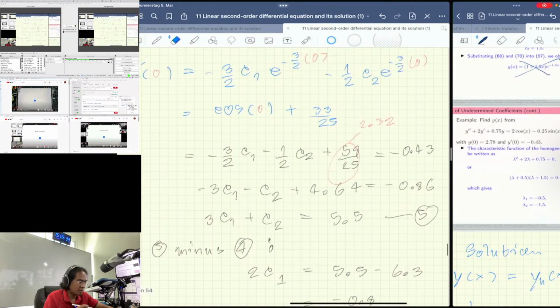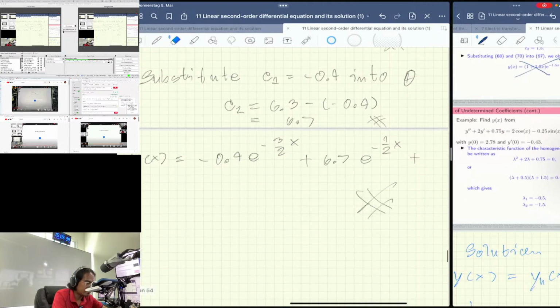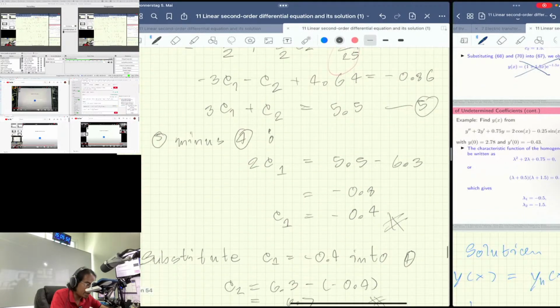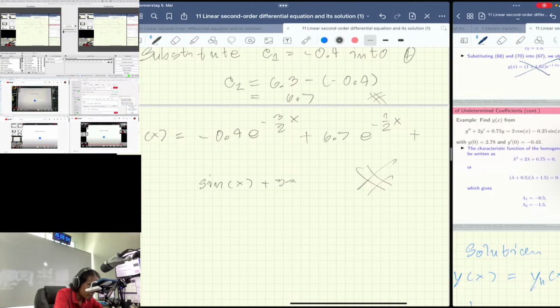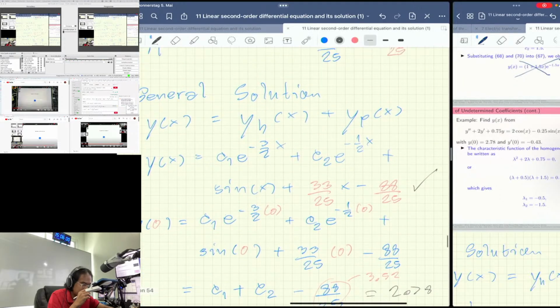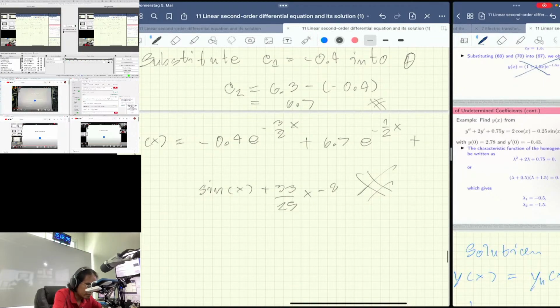The answer should be sine x plus 33 by 25 x and negative 88 by 25. Right. Okay. Yes, this is correct.